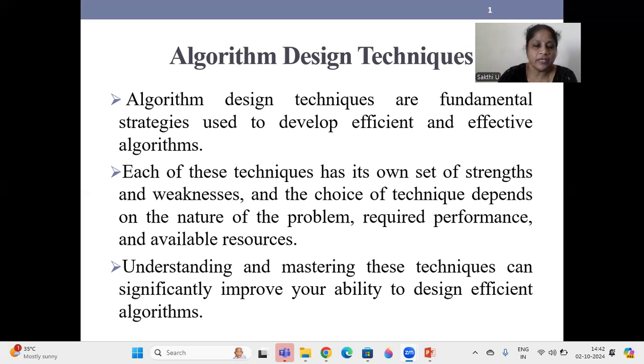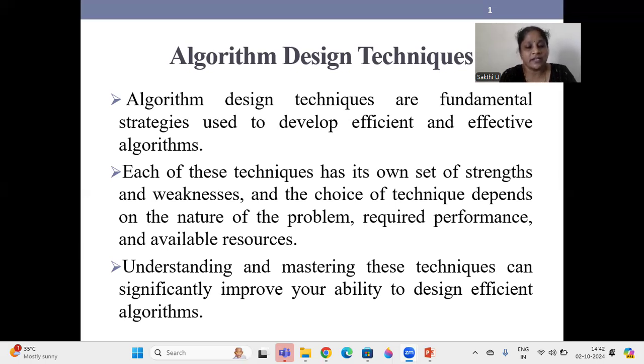When we choose the design technique, we have to concentrate on what type of solutions we need, and whether it is possible to divide the problem into subproblems, or whether the problem can be solved in multiple stages or steps, and the nature of the problem and the type of input data sets.